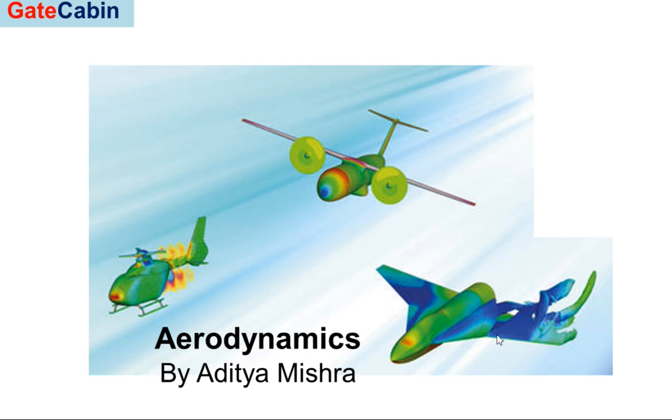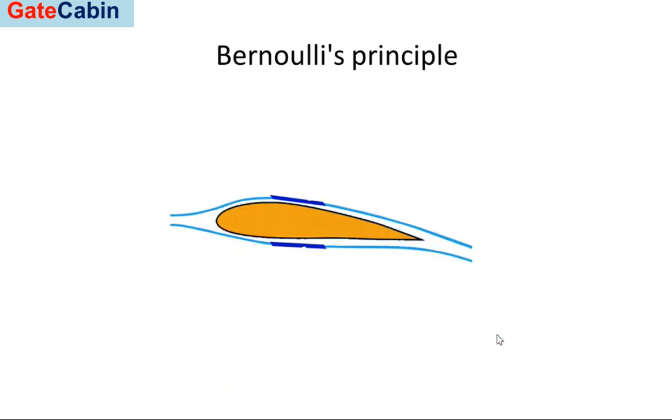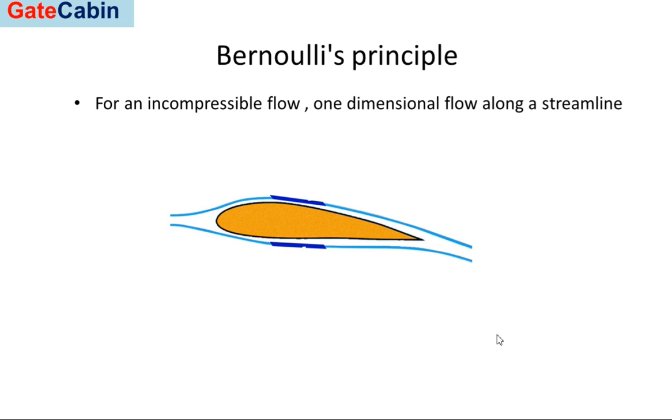So to begin with, we'll talk about Bernoulli's principle, which helps us in understanding how lift is actually generated over the surface of an aerofoil, and how the aerofoil is lifted when it moves through the air. Okay, so Daniel Bernoulli came up with this expression for an incompressible one-dimensional flow along the streamline.